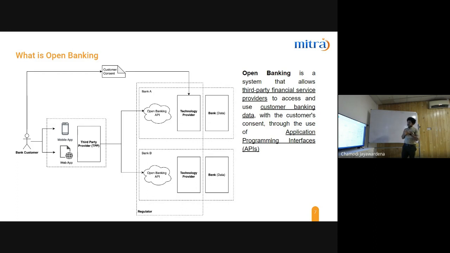So here, the customer will give consent to this third-party application to debit his account on his behalf. That is what is shown in the customer consent, the top arrow. The technology provider will record his consent. What does the consent mean?